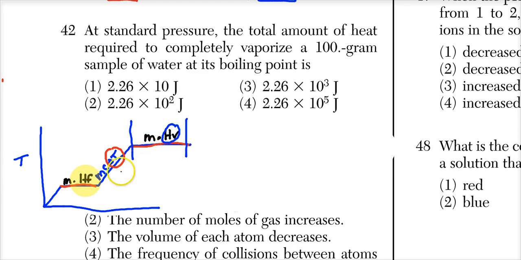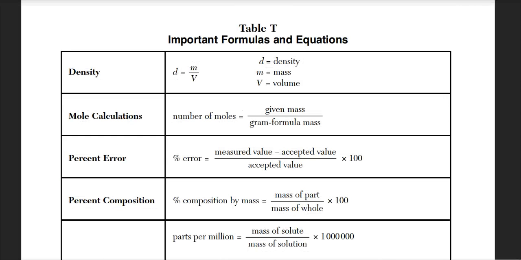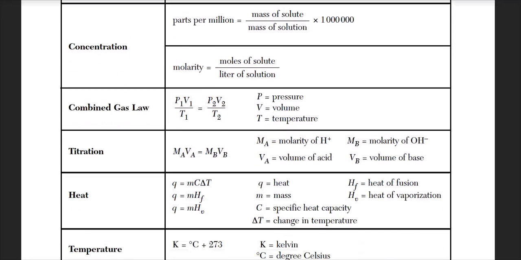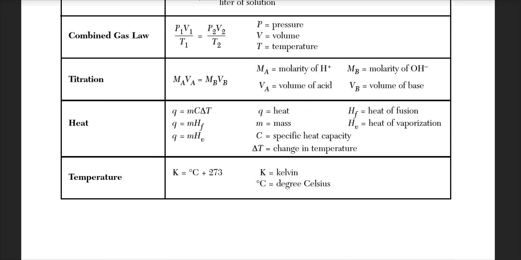Let's go find these formulas. They're given to you in table T. So here we are at table T, and I'm going to scroll down to where I can find my heat equations right here. Okay, so there are my heat equations, and I'm looking for things that help me figure out the heat of vaporization. So I see, oh, H of V is heat of vaporization, and looky here, they give you a formula.